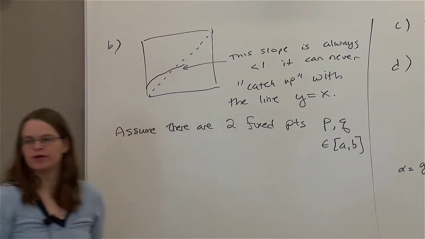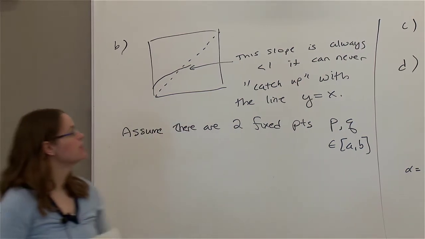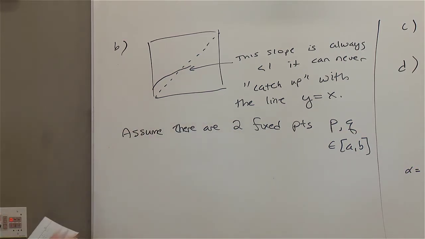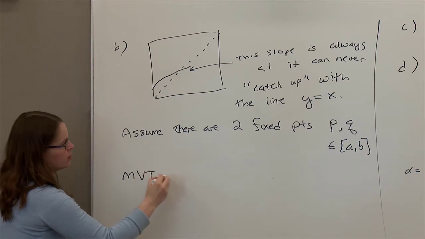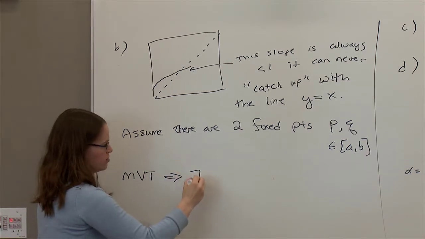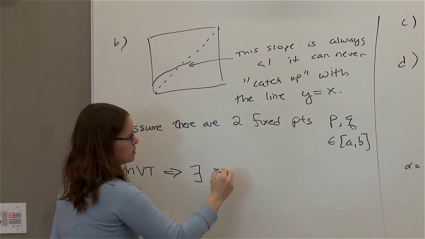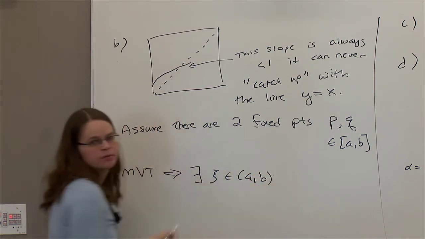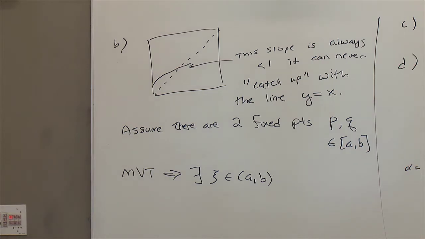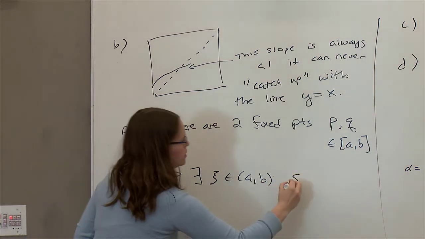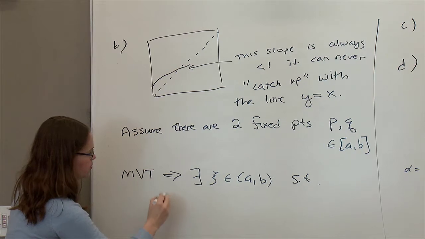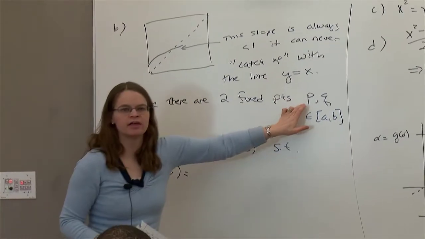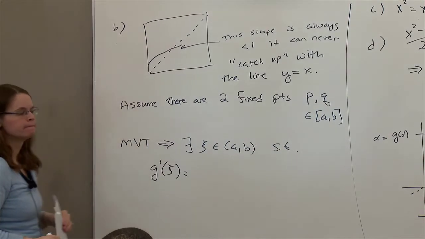So what's the easiest theorem that will bring in some derivative information that will compare what happens at these two points? Mean value theorem, yeah. So the mean value theorem says there exists some point in between P and Q, and certainly in between A and B, such that the derivative at this point is equal to the slope of the secant line connecting these two points.